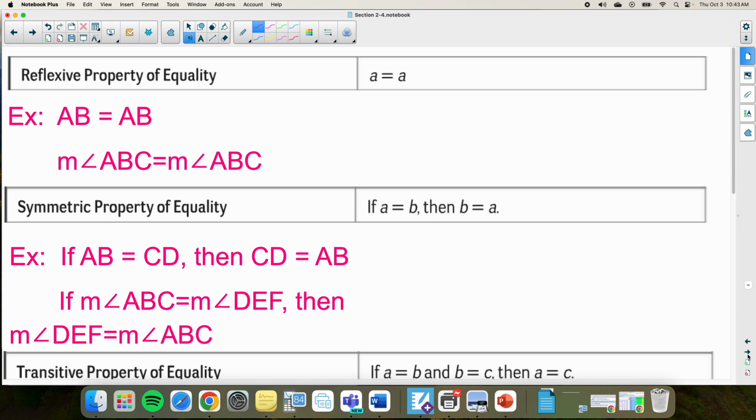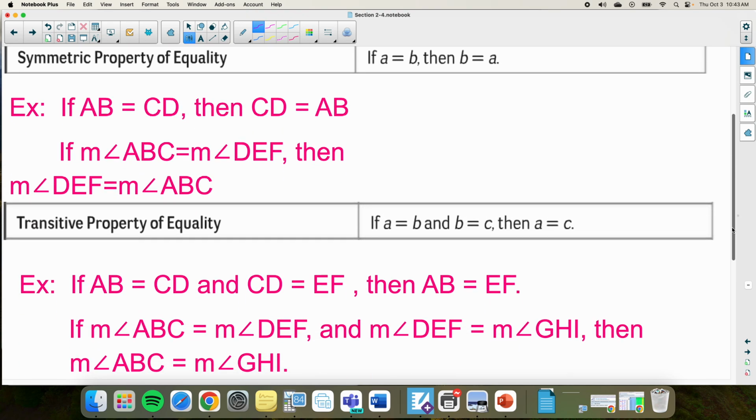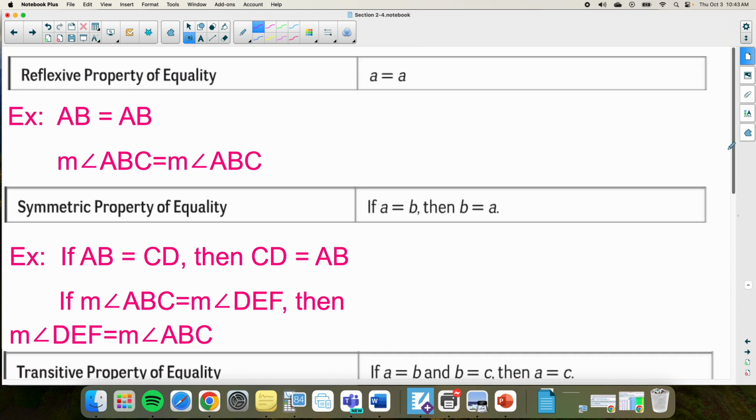All right, then we have 3 different things that we're gonna talk about that we're gonna use a lot in this chapter, and these are on your cheat sheet that you have. So the first one is reflexive property. Reflexive property is anytime something is equal to itself. So like AB equals AB.